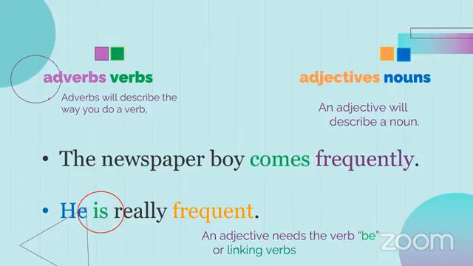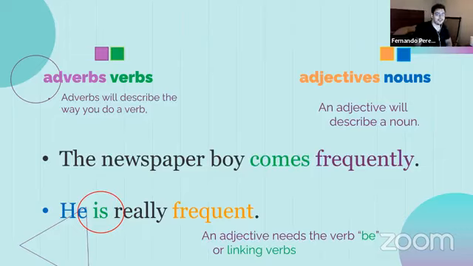Appear, smell, taste, look, get, exactly. So when you have a linking verb or the verb be, you know that you are describing a noun. You are describing a noun thanks to it. Adjectives, verb to be, and so on, and nouns.